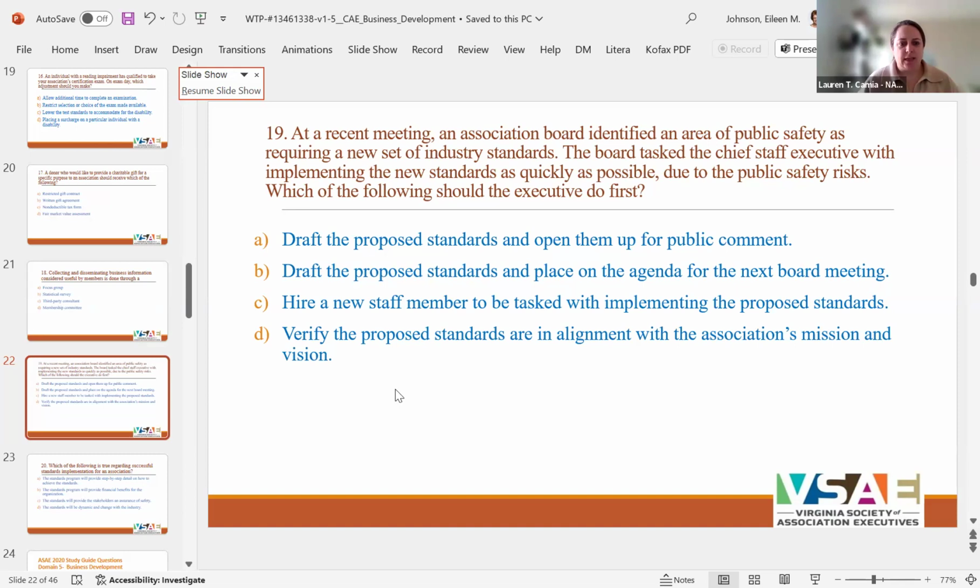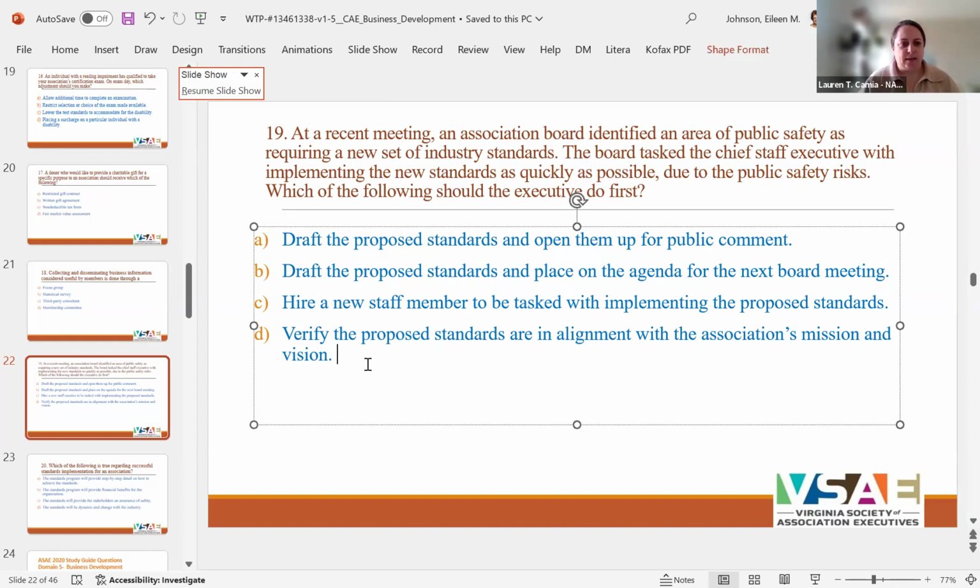Which of the following should the executive do first? A, draft the proposed standards and open them up for public comment. B, draft the proposed standards and place on the agenda for the next board meeting. C, hire a new staff member to be tasked with implementing the proposed standards. D, verify the proposed standards are in alignment with the association's mission and vision.